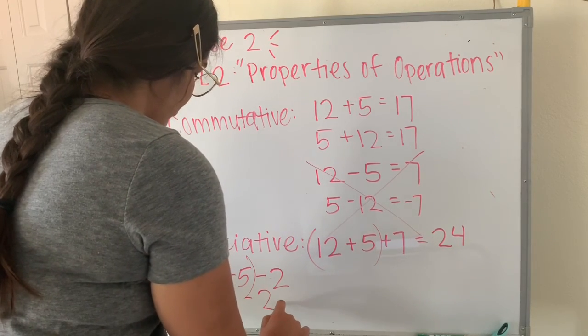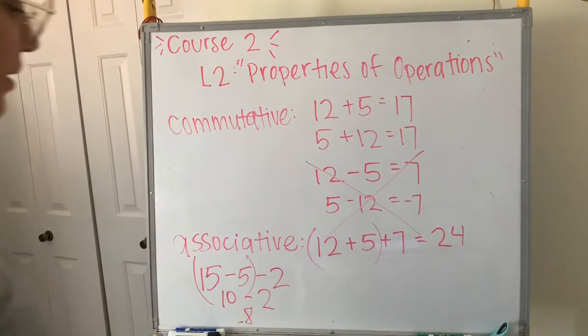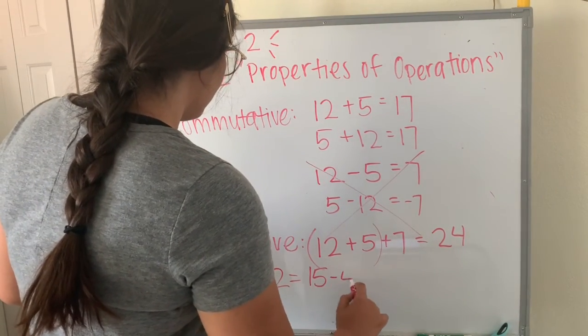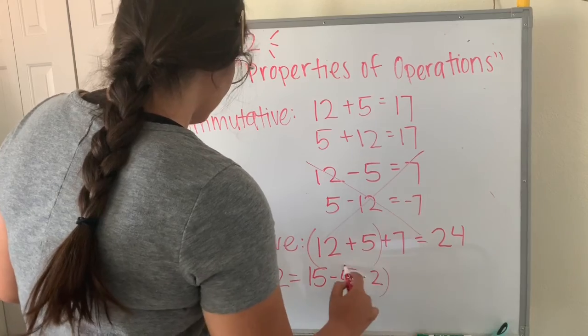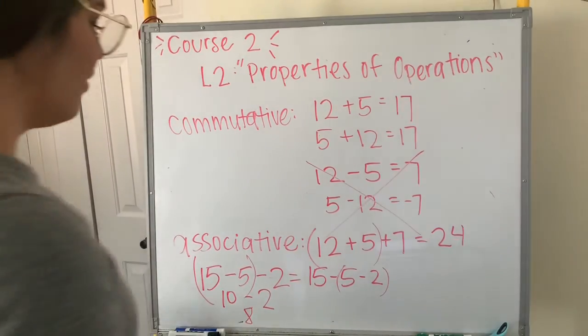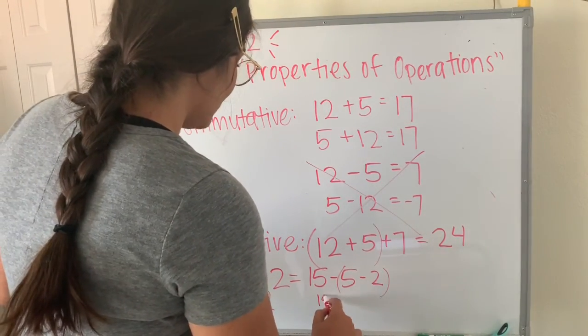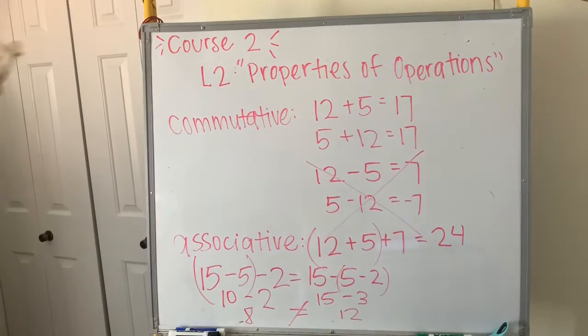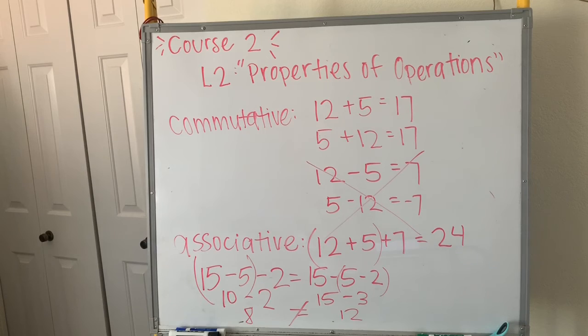And 10 minus 2 is 8. Okay, let's try it, but this time grouping together 5 minus 2. 15 minus 3 is 12. So the associative property did not work with subtraction.